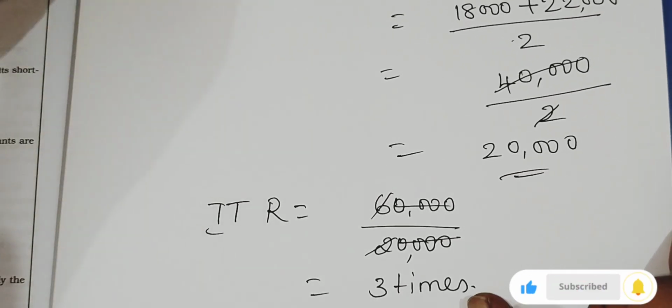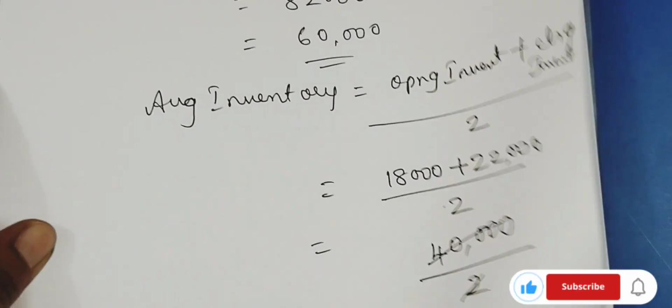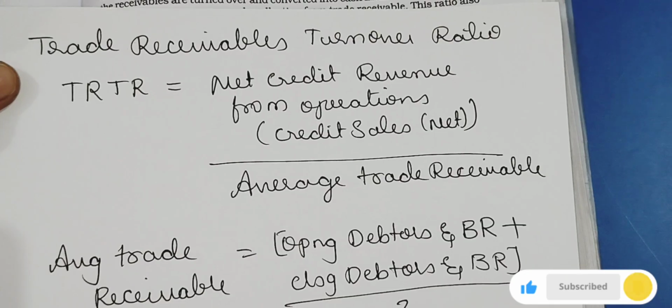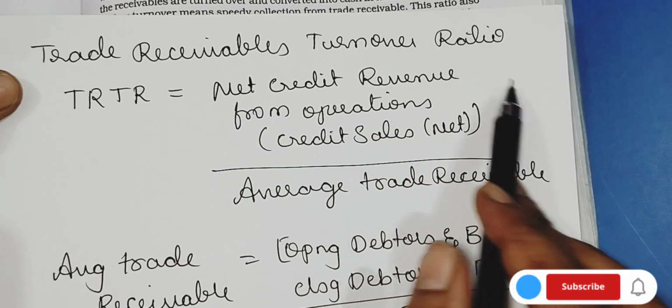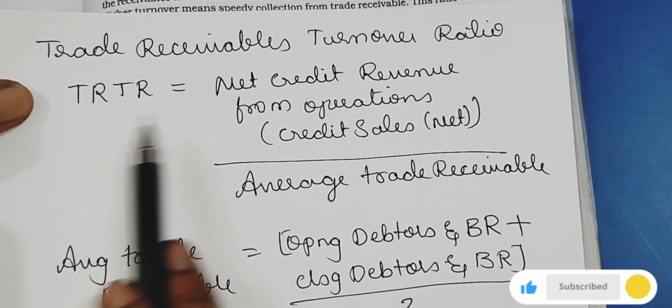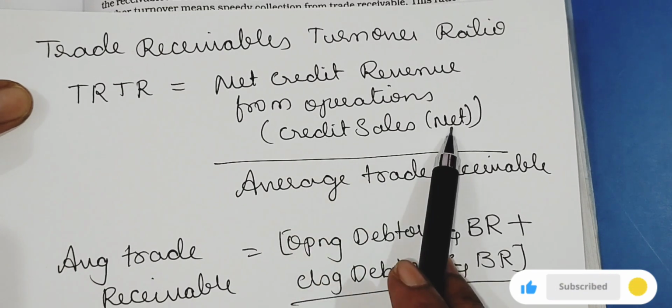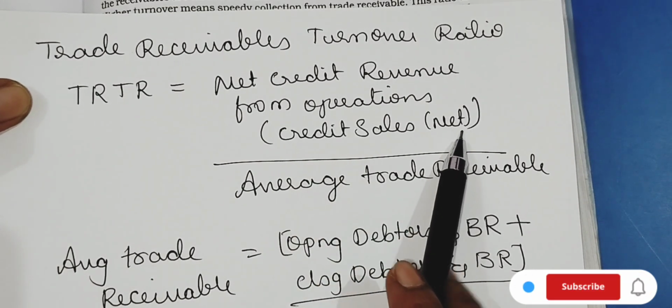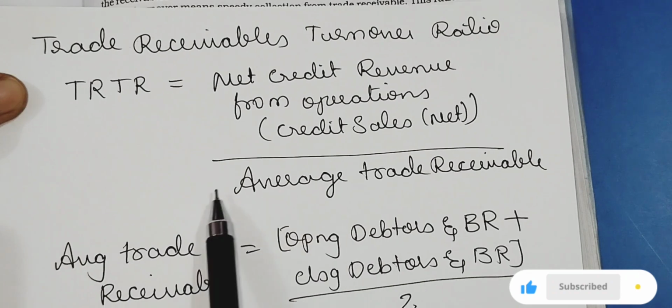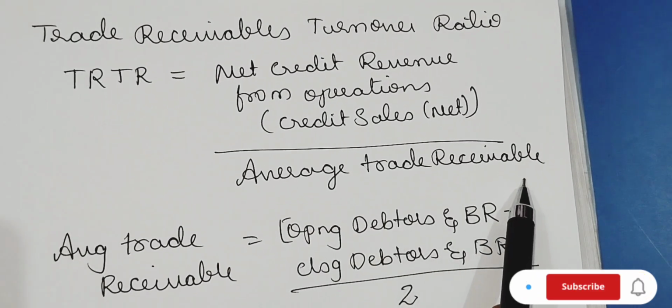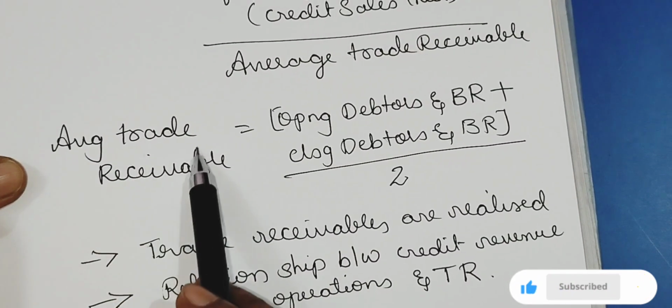Now the next ratio is trade receivables turnover ratio. The formula is net credit revenue from operations, that is credit sale, net after deducting the sales return, divided by average trade receivables. How do you find the average trade receivables?